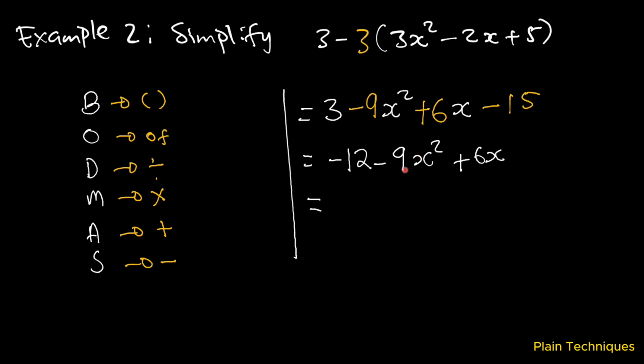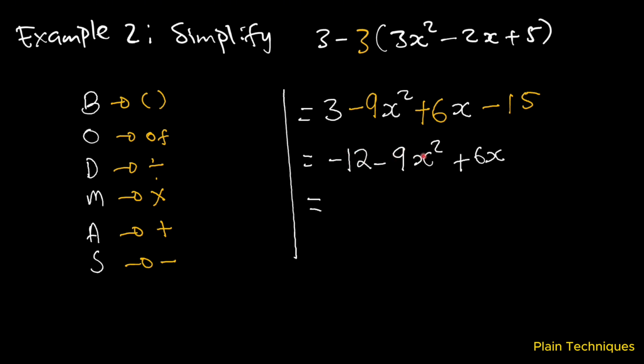So the next part will be to write your answer in descending order, meaning you look at the highest exponent and you start with the highest, then the next highest, and the number will be the last one.